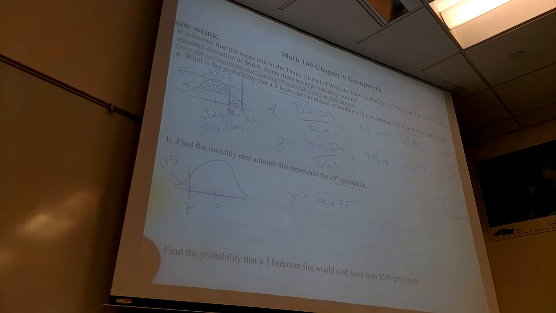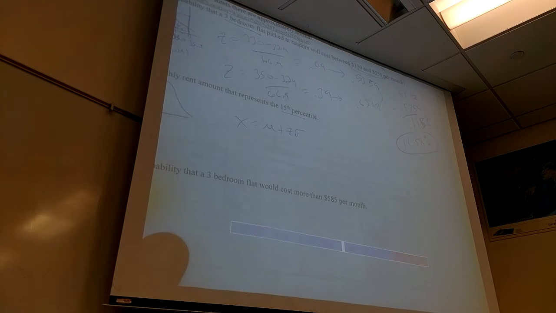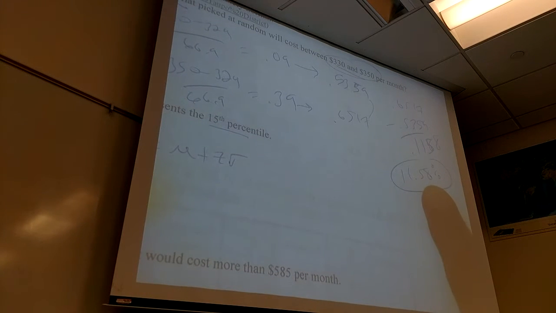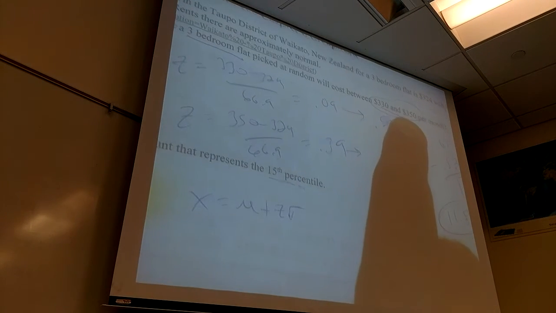So again, what's a way to interpret that? How can I interpret this? Yes, cool. 11.58% of the 3-bedroom flats in this area cost between those 2 prices.